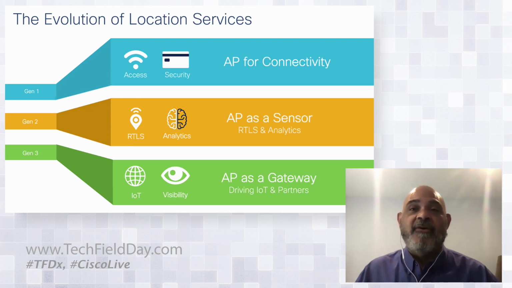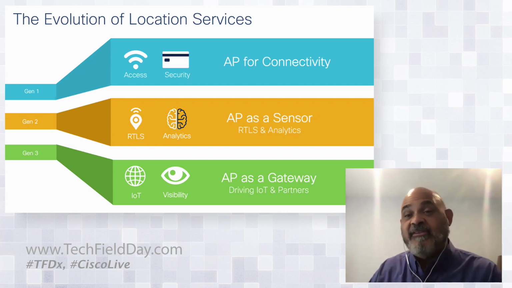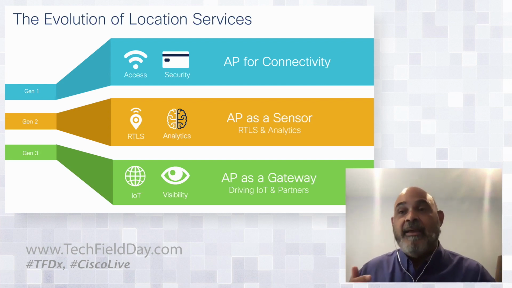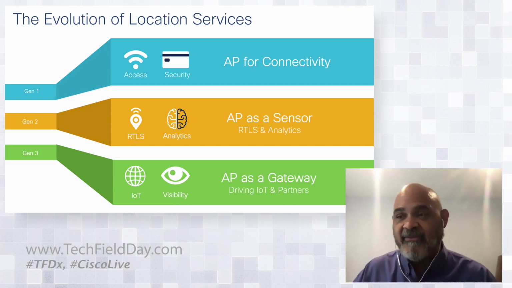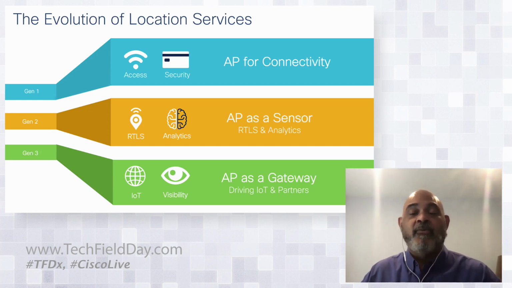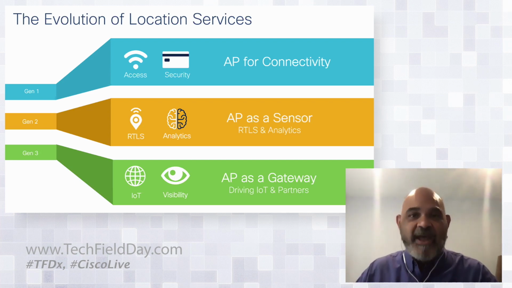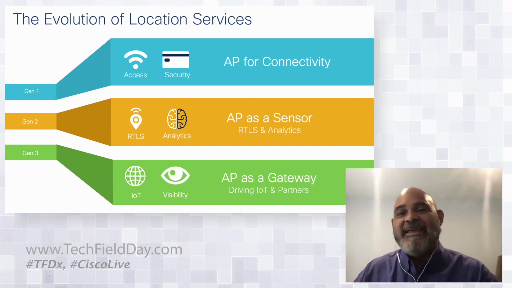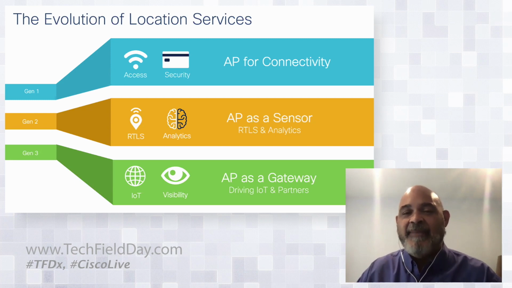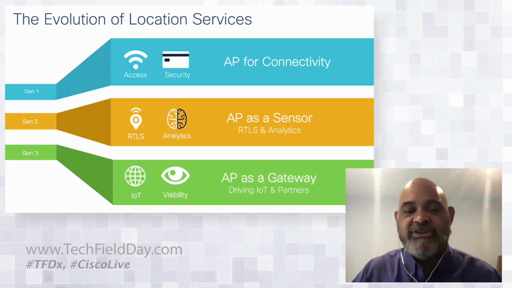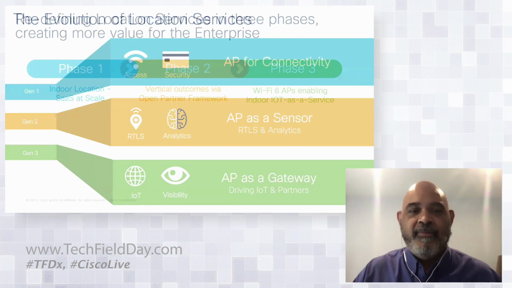The evolution we're really focusing on today is that next generation where the AP has a new type of packet it understands. These are IoT packets, whether it be Bluetooth low energy packets from a Bluetooth low energy device. We're going to be expanding to Zigbee, Thread, and other types of IoT devices that can now be detected by that same AP infrastructure. So that's the real change that we'll be talking about today.